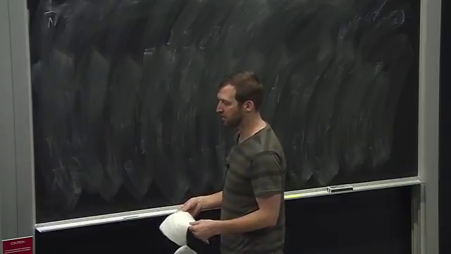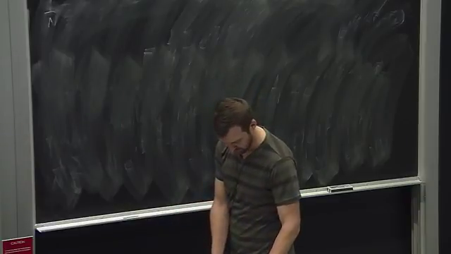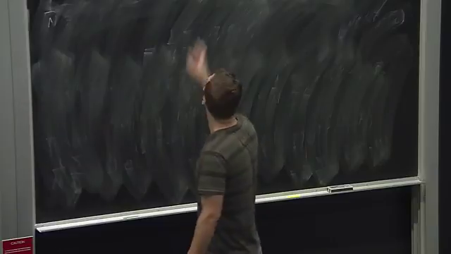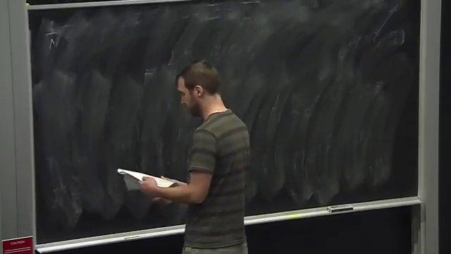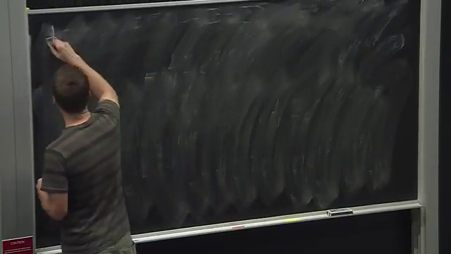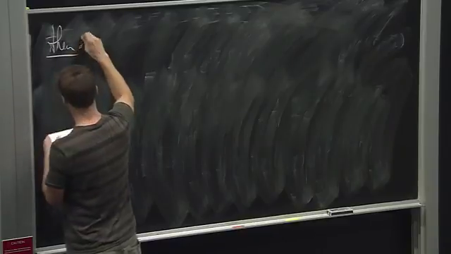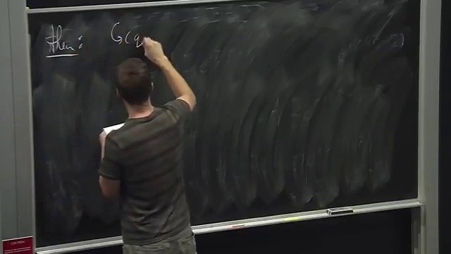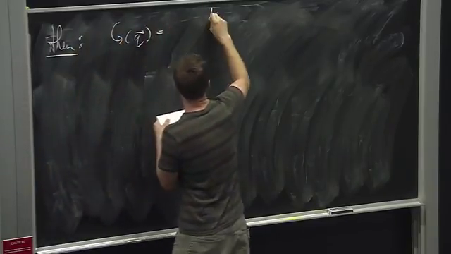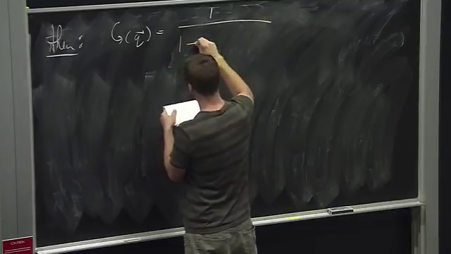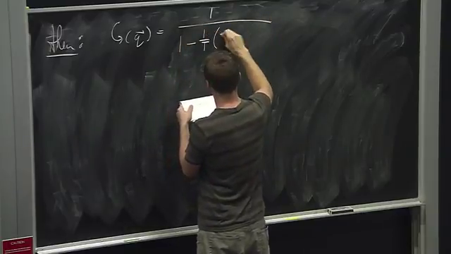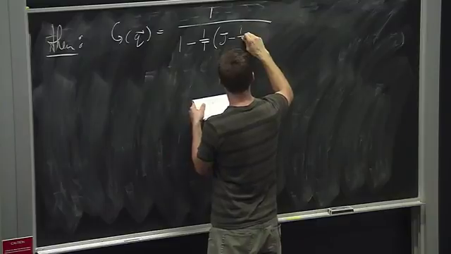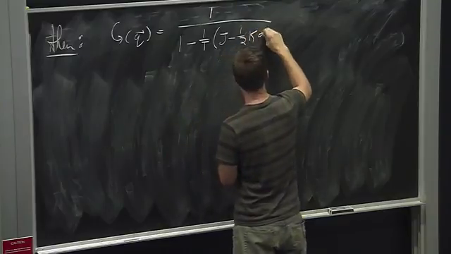So where am I? J of q. So then from that expression there, two-point correlation function in momentum space, 1/2 kappa q squared.